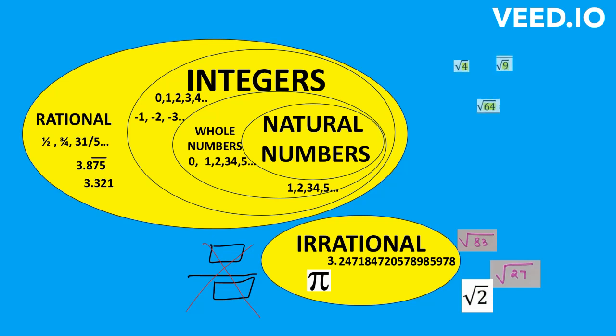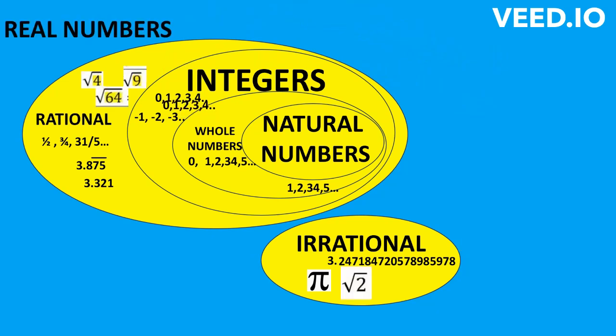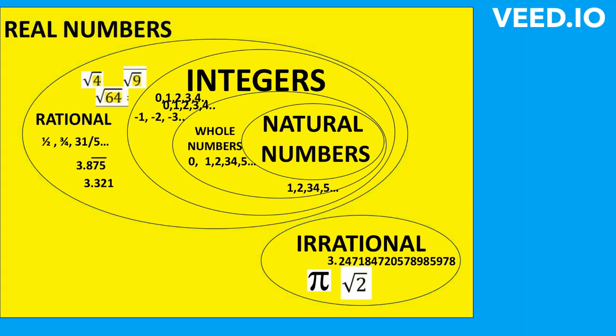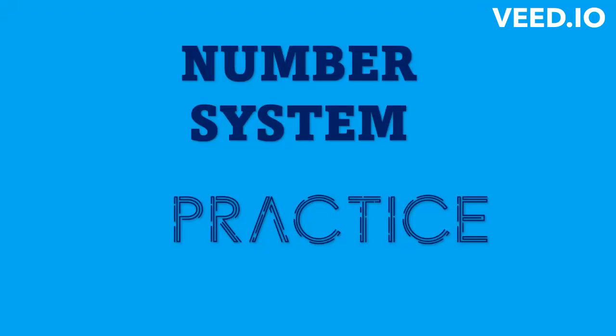If we take square roots of perfect squares, the result is a rational number. For example, square root of 4 is 2. This is a rational number. We have real numbers here, which is the bigger set. All the numbers we have discussed so far fall into the category of real numbers.